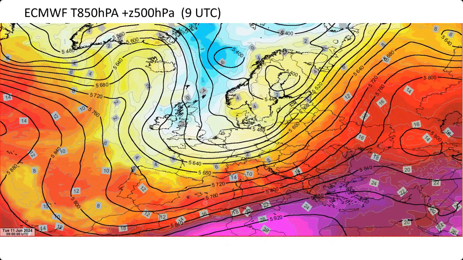Here we have some model data from today. The European model with 850 hectopascal temperature and 500 hectopascal geopotential height. So we can see that we have cold air between Iceland and Finland, Scandinavia, which is moving towards the south.